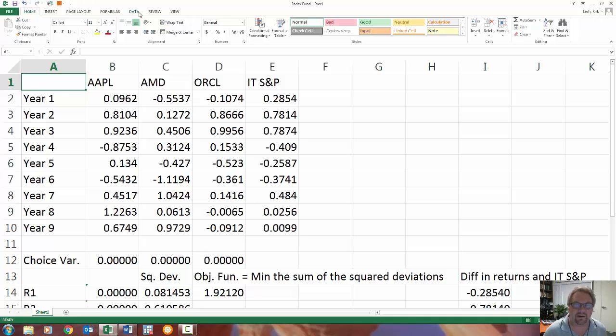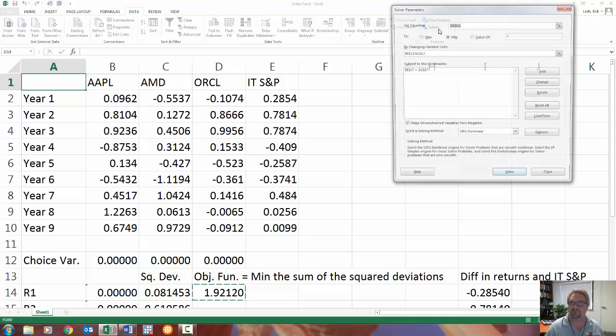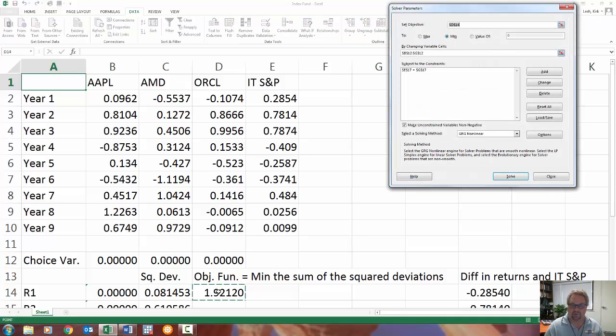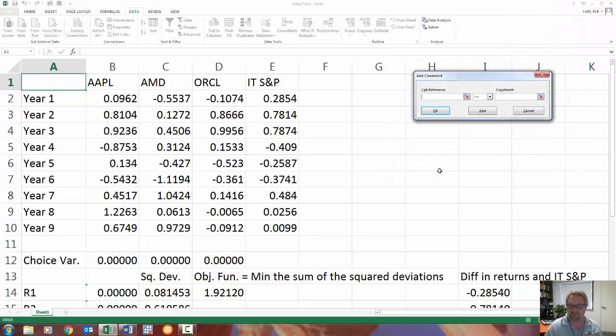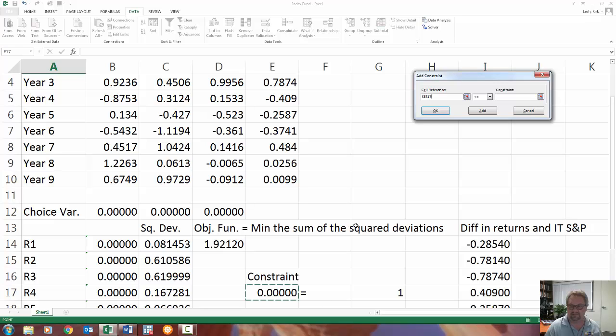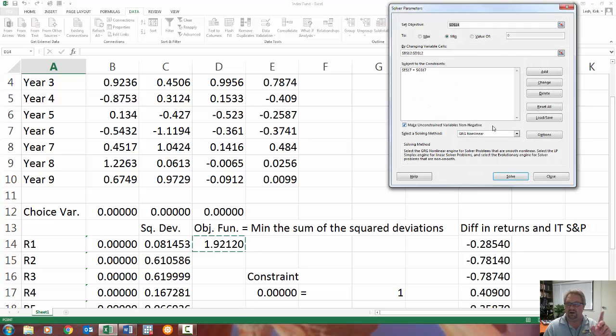So now we just go into Data, Solver. Okay, so I want to minimize that function by changing these 3 cells, and then setting this equal to this, and you're done. Non-negativity, check.